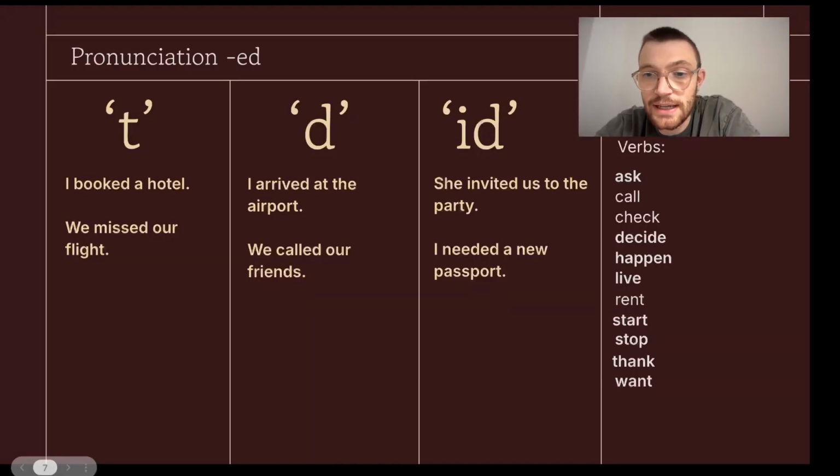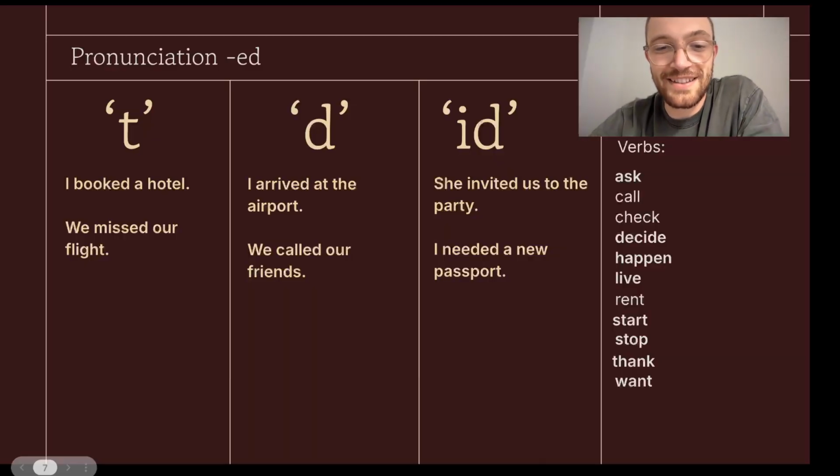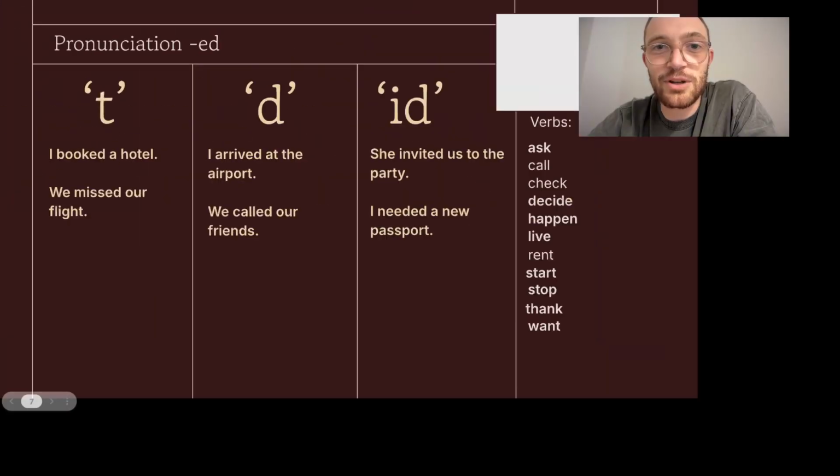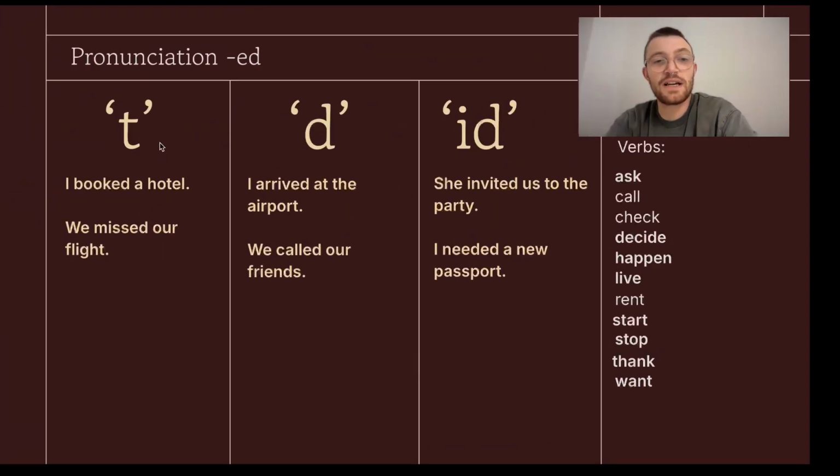Okay, the last thing that I think we could look at here is a pronunciation thing, although I feel like I've gone a little bit over 15 minutes, but oh well. I booked a hotel. We missed our flight.